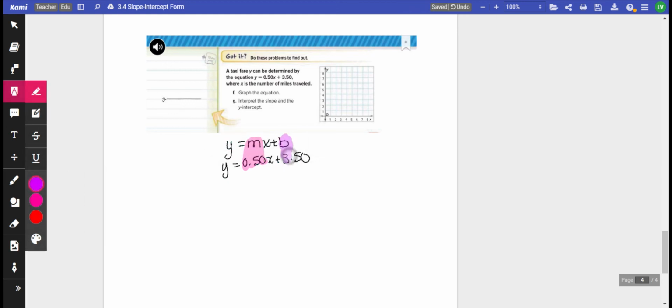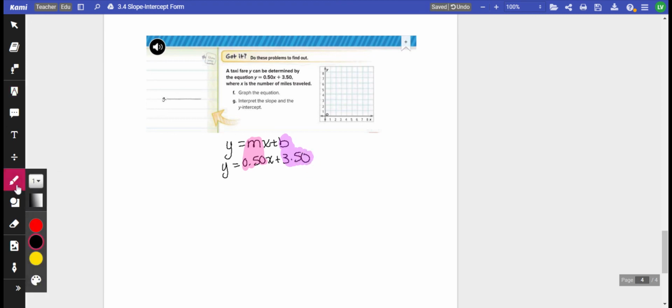My y-intercept is 3.50. So m equals 0.50. I'm actually going to write that as 1/2. So that means I'm going to go up 1 to the right 2. My y-intercept is written as 0, comma b. So in this case, it is 0, comma 3.50.